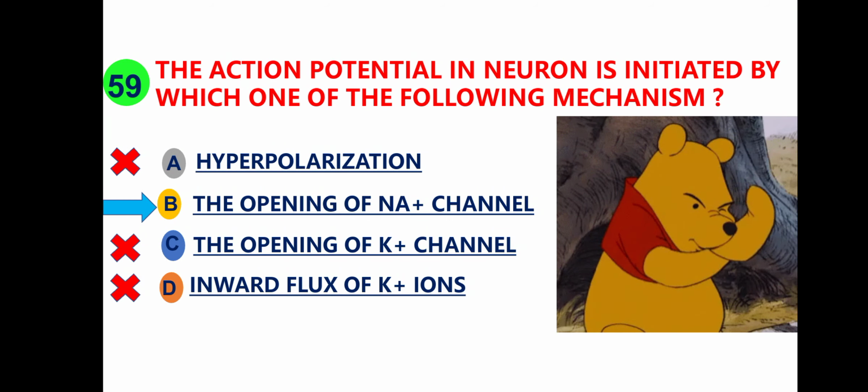So option B is correct. Opening of the potassium ion channel takes place afterward, and inward flux of potassium ion does not take place, only outward flux of potassium ion takes place. The potassium ion is pumped in by the sodium potassium pump, and hyperpolarization we have just discussed.